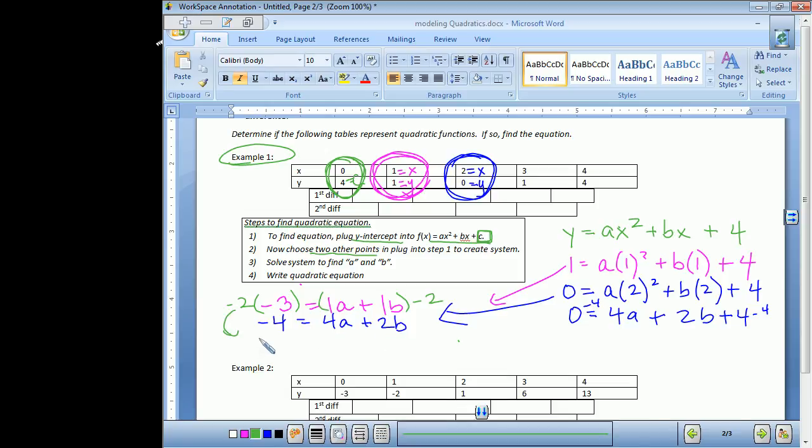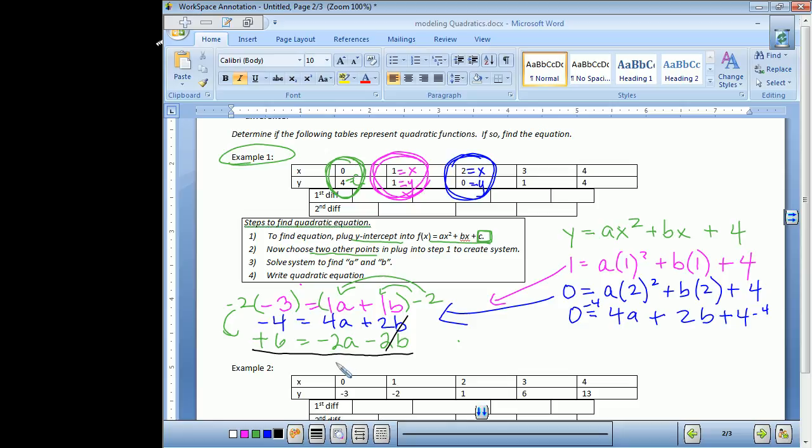When I do, this would become +6 on this side. The -2 gets multiplied all the way through. So it becomes -2a and -2b. This was called elimination. Because what did we just do to the b's? We eliminated the b. They're going to cancel out now.